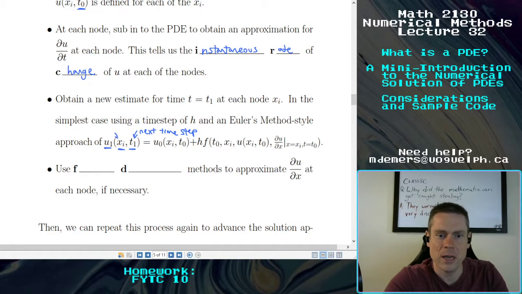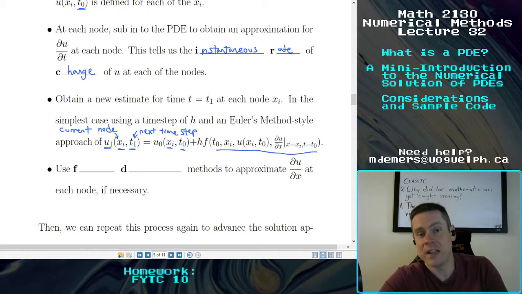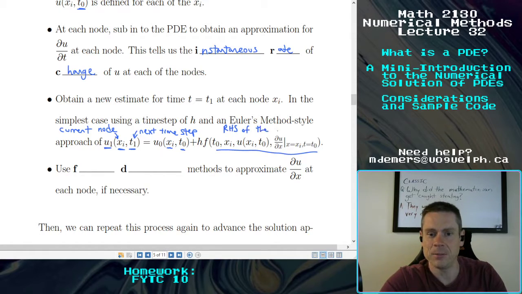So u at the current node and the next time step is equal to u at the current node and the previous time step plus h times a function of, here's that f, all of those different things with our data plugged in. So this is just the right hand side of the PDE with data plugged in.